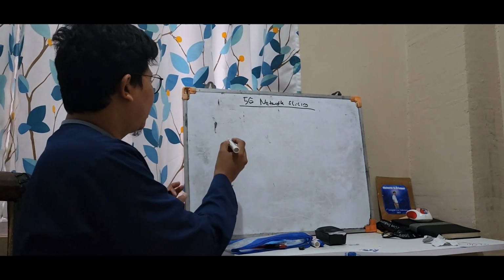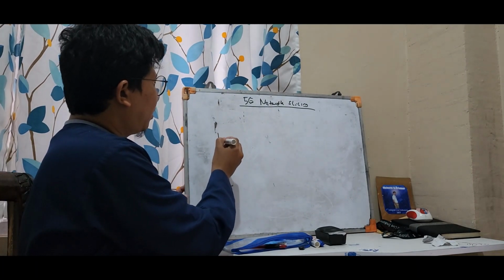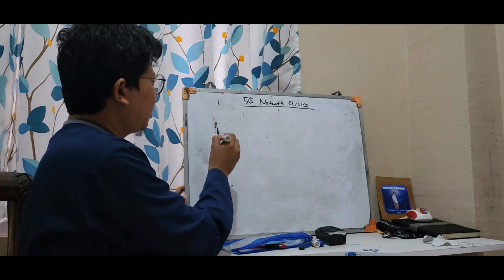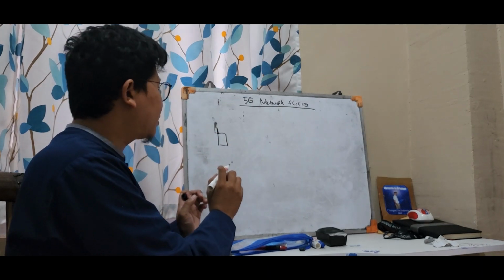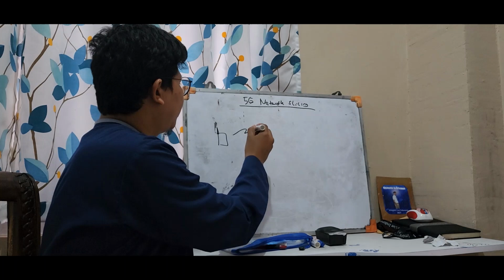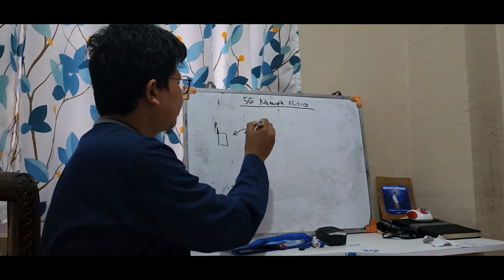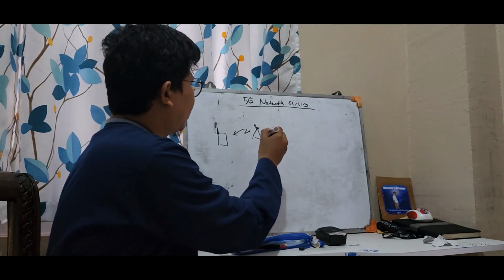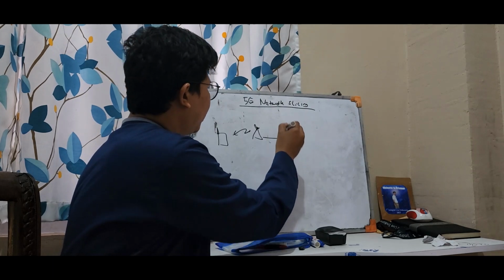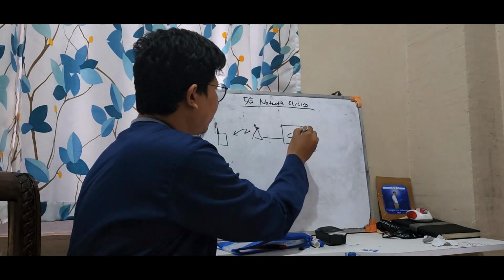So let's say if you have one UE, one SIM card of course, and then it connects to the radio, and the radio connects to the core network.